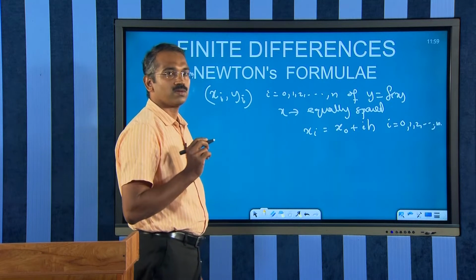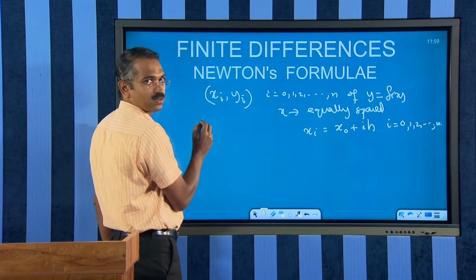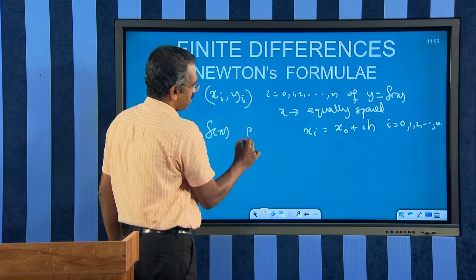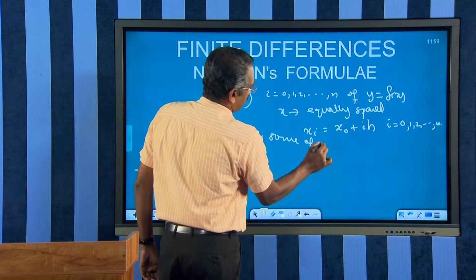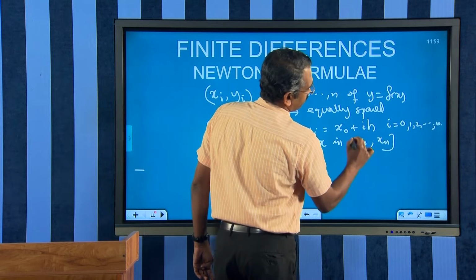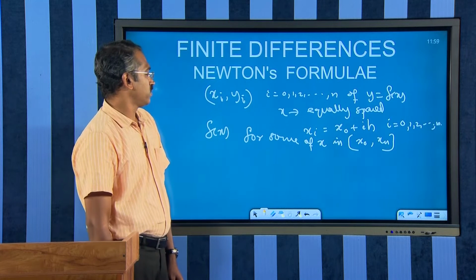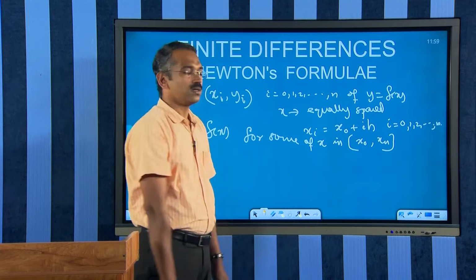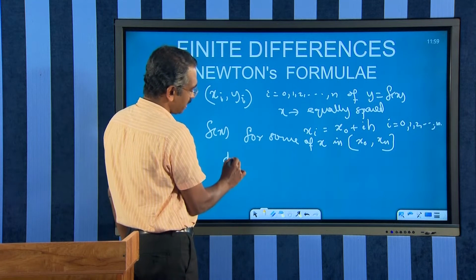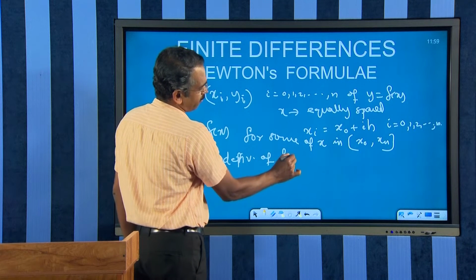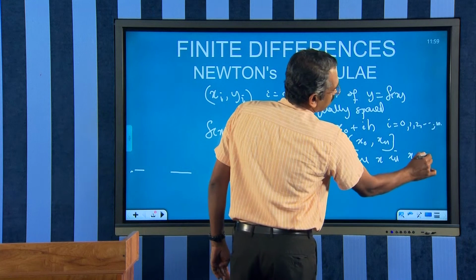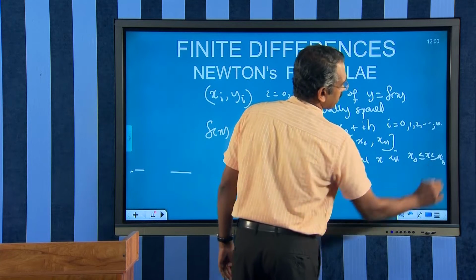Now, suppose that we have to find some values of f of x for some values of x in the interval x0 to xn which are not given in this set, or we want to find the derivative of f of x for some x in this interval x0 to xn.